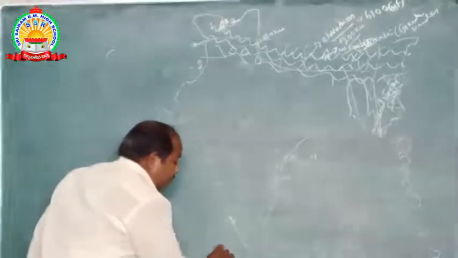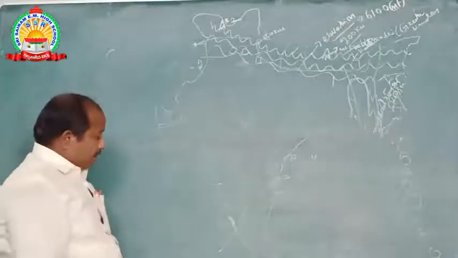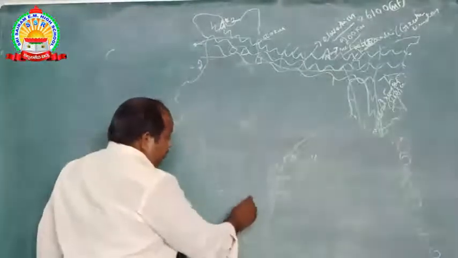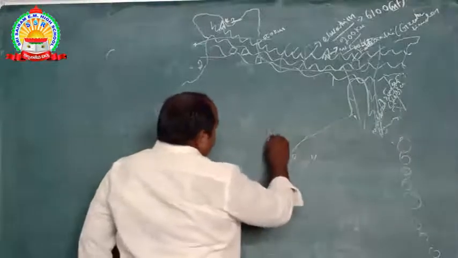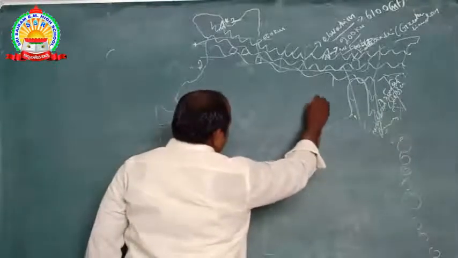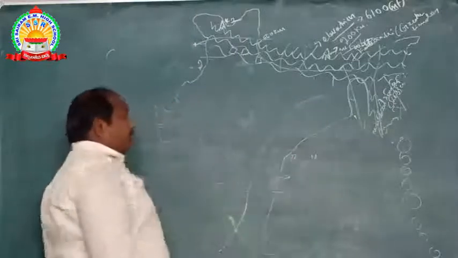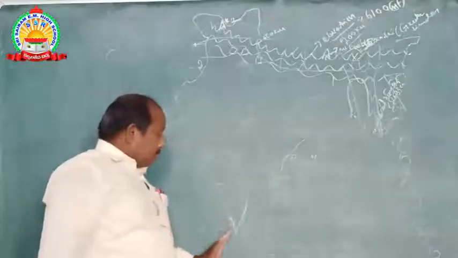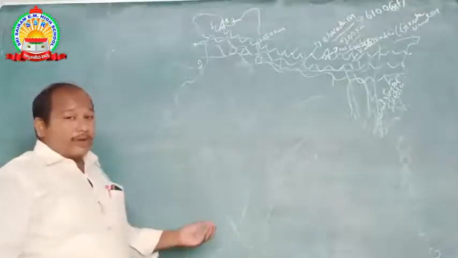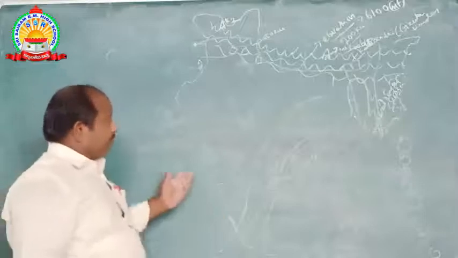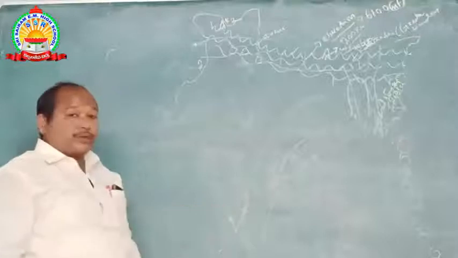At first the southwest monsoon enters India at Kerala, and two weeks later it spreads all over the country. Then the Himalayan ranges block the southwest monsoons.